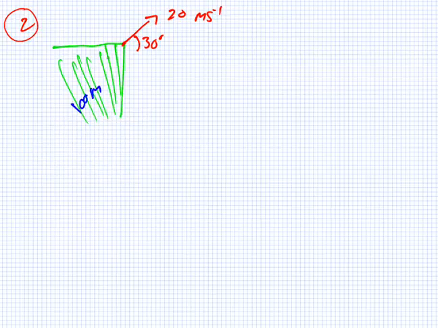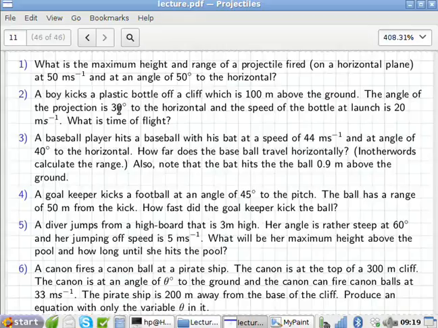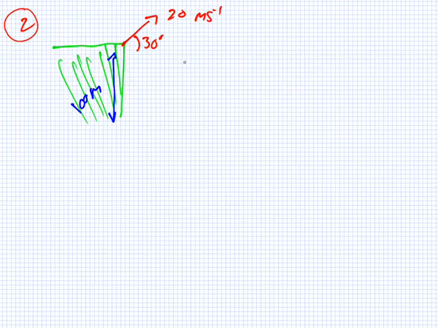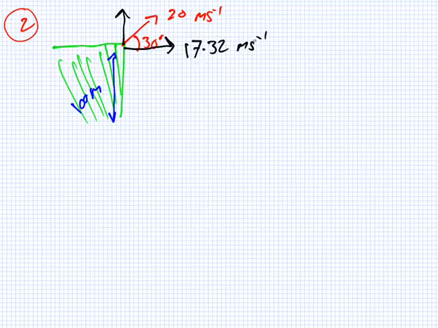So V squared equals U squared plus 2AS, so S equals V squared minus U squared over 2A. Minus. No, plus, because this number is minus, isn't it? And this number is minus. Yeah, but I typed it in the calculator. Well, who do you think is right, you or the calculator? You.